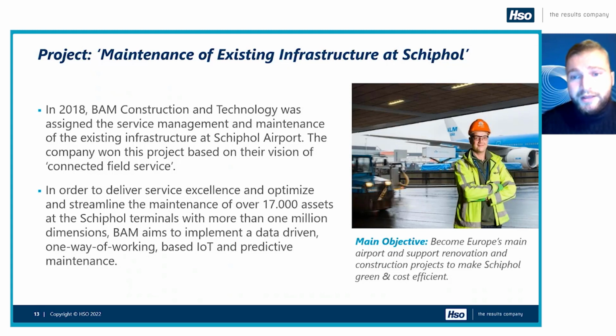We helped BAM in implementing a field service solution that allowed them to maintain the airport, but also to connect and integrate into the assets and get telemetry reading data out of that. One of the funny scenarios that we actually implemented over there is if an Airbus A380 lands, then a lot of people are going to go through the gate. So that's a point where you typically don't want to serve or clean or repair the toilets.